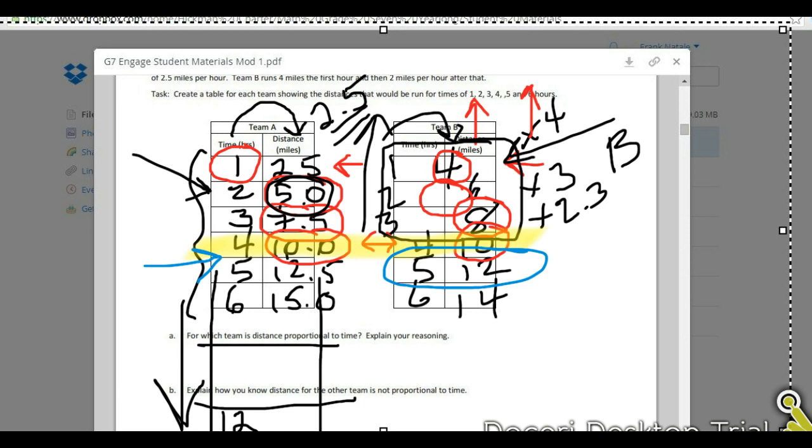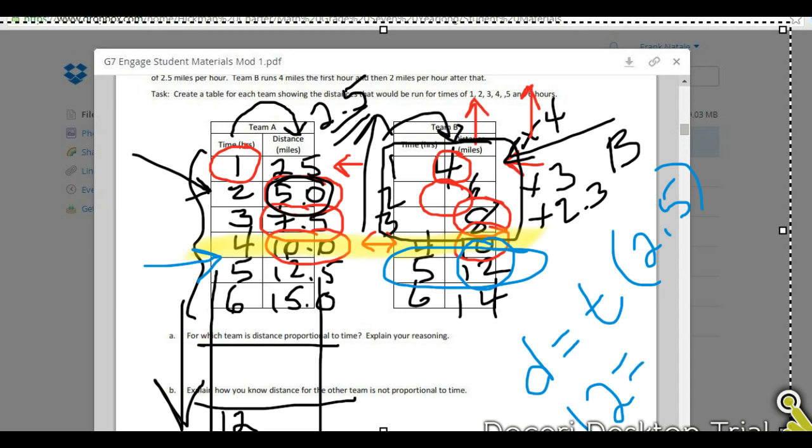But if we want to figure it out exactly, we could go ahead and apply our formula, because we know that our distance equals our time times 2.5, which is our rate. We are being given the distance in this problem of 12 miles. So we know 12 miles is going to equal t times 2.5.